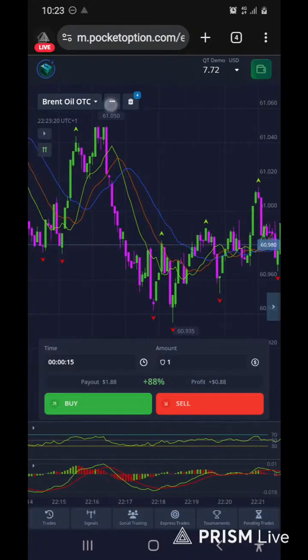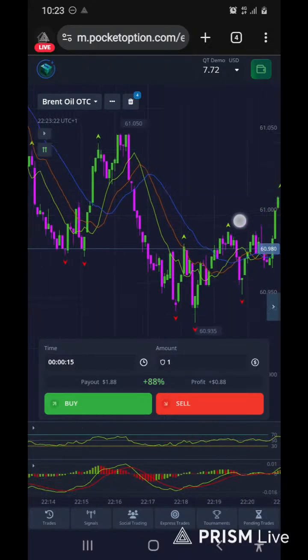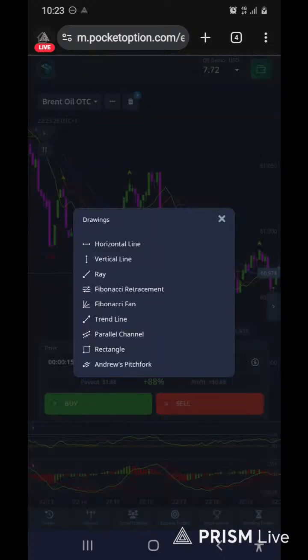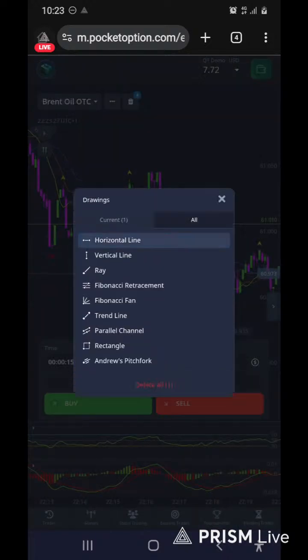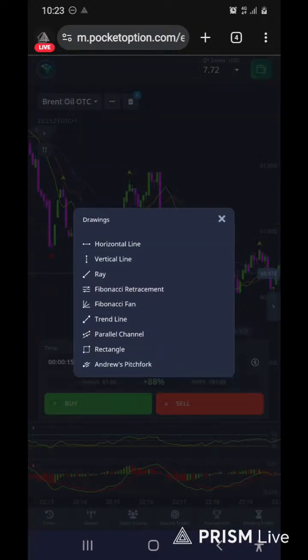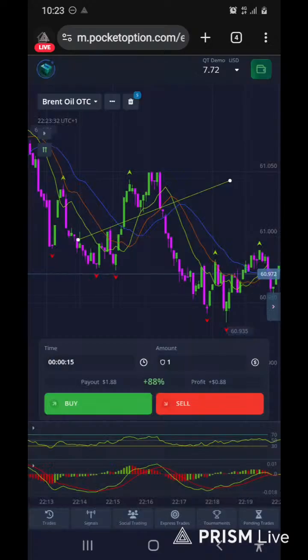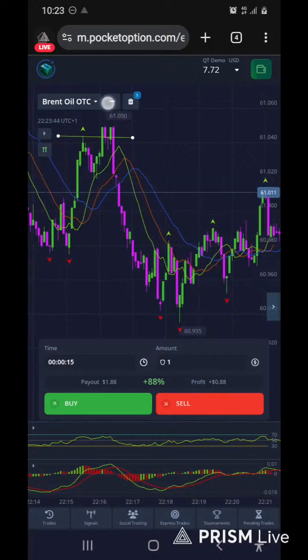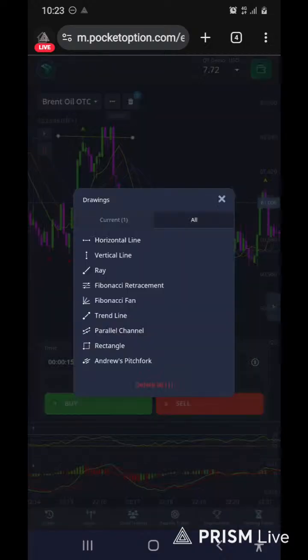For example, now this price here, as you can see, there's liquidity here. And price came and swept it. You can see price came and swept this liquidity, and it made a market structure shift here.